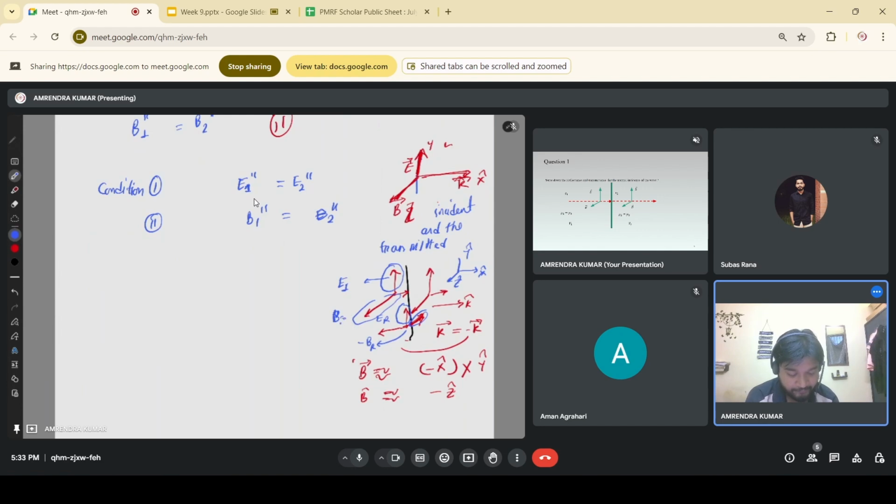This is the incident and this is the reflected. Then there is the transmitted E_T.